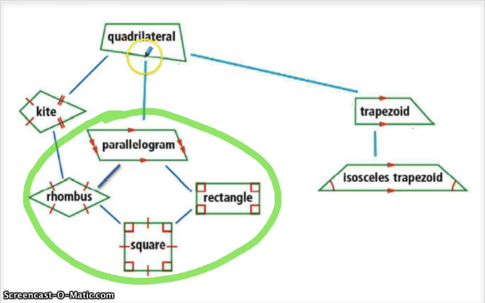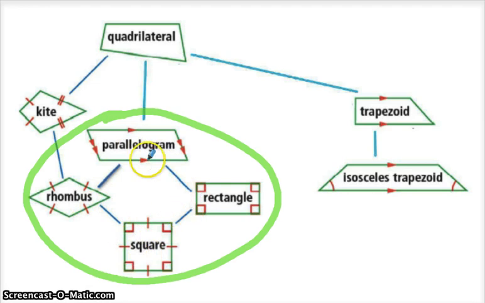So if it's a quadrilateral, it might be a parallelogram if it has parallel sides like this. If it's a parallelogram, it might be a little more special in being a rhombus, in that it's going to have four congruent sides, or it might be special in the fact that it has four right angles. If it has both those things, or either way, down this path of specialness, it could be even more special and be a square.